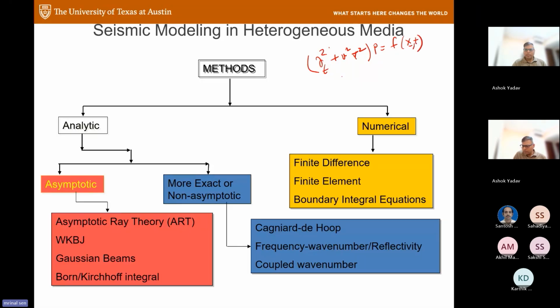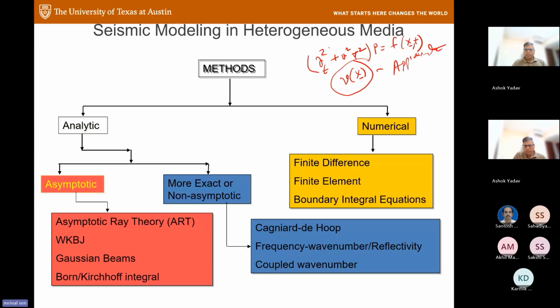And in our case, this V is a function of X. It could be a function of T also, because if there is an attenuation, then you can make this frequency dependent, but let's not worry about that. It's a function of space. So as soon as the medium becomes inhomogeneous, your solution cannot be easily computed. For a homogeneous medium, you can get an analytic solution. For inhomogeneous, you can get some kind of approximate solution, okay?